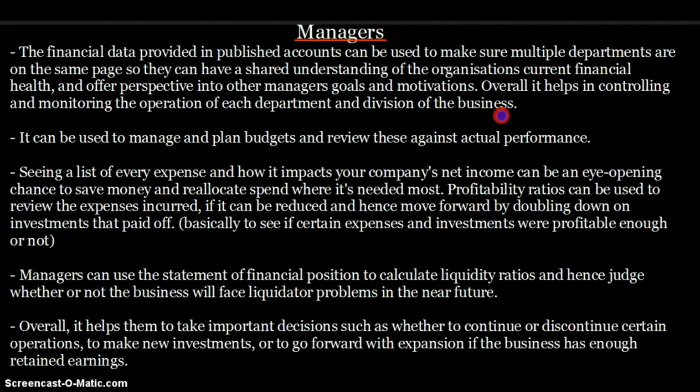So it helps them to be coordinated and look at what has happened and what will happen, and help each other. Different departments will have different managers, so all of those managers cooperate with each other, help each other in their goals and motivate them, and overall it helps them control and monitor the operation of each department and division of the business.